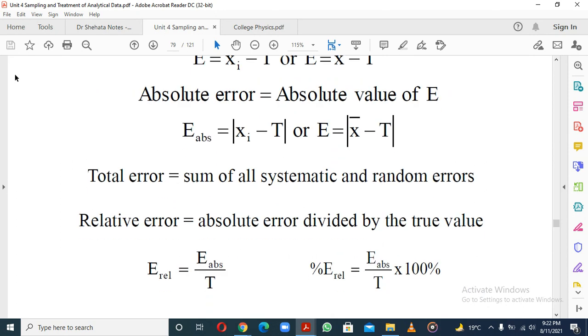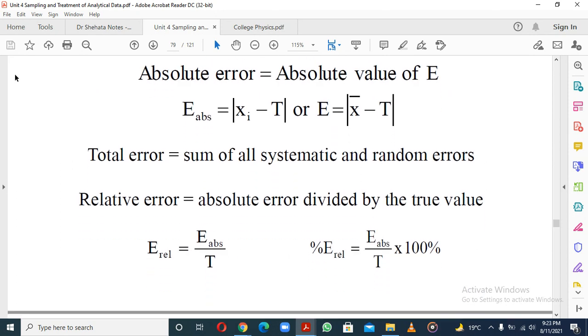Then the absolute error. So absolute error, we know what absolute is. Absolute is you don't want negatives, right? So it's just the same error, then you just get its value and you make it absolute. Meaning if you had a negative, you make it a positive, just like that.